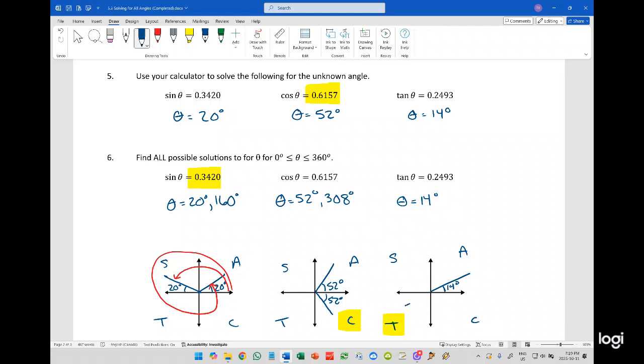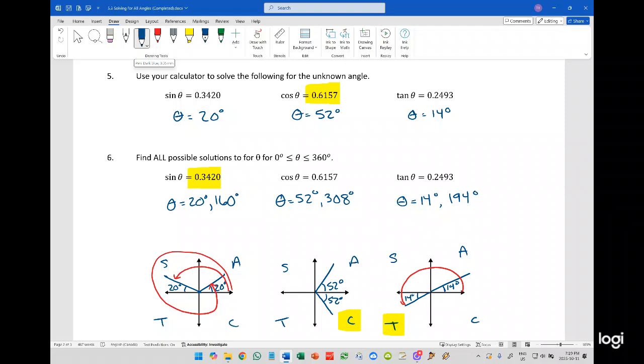And that's going to be 14 degrees below there, which is 180 plus 14. So 194 degrees is another possible answer to that question. And likewise, you could keep going around the circle over and over again to get more angles, but we're only going to do between 0 and 360.